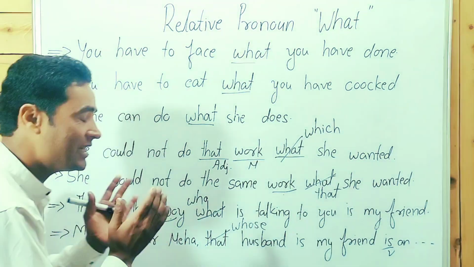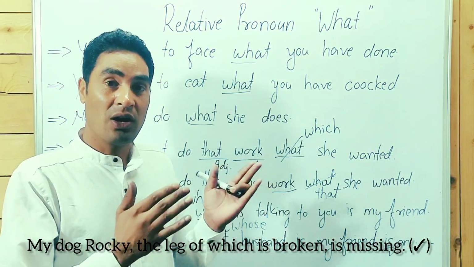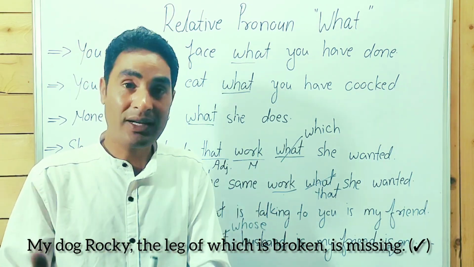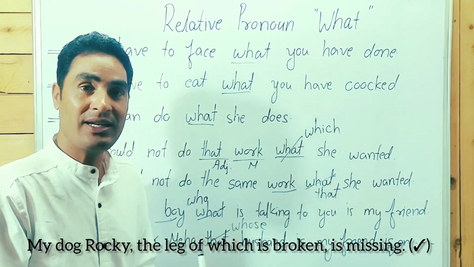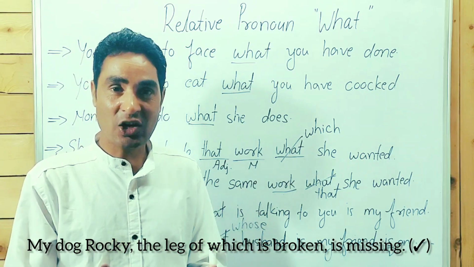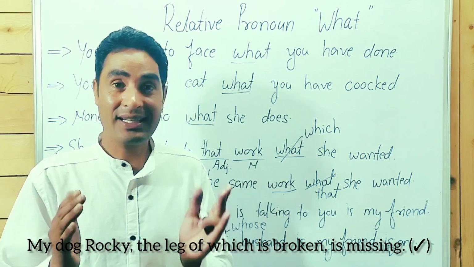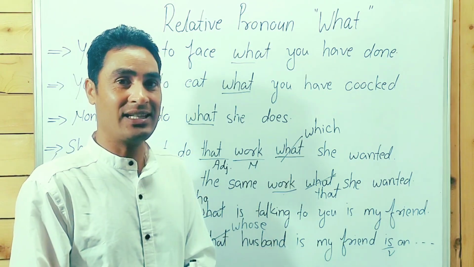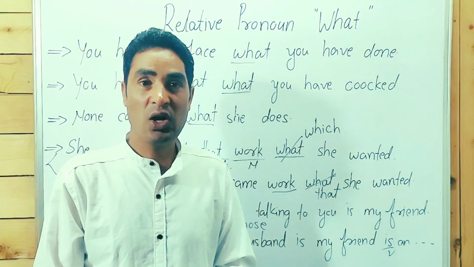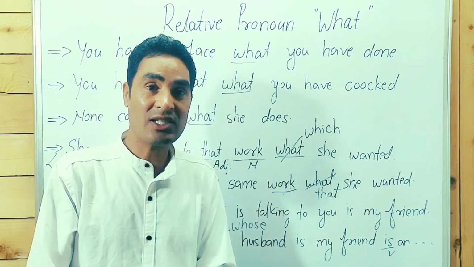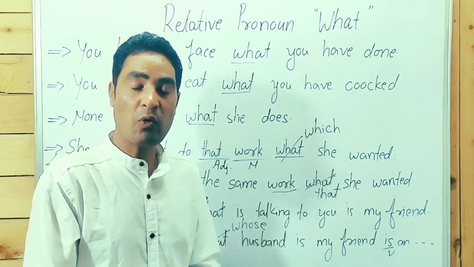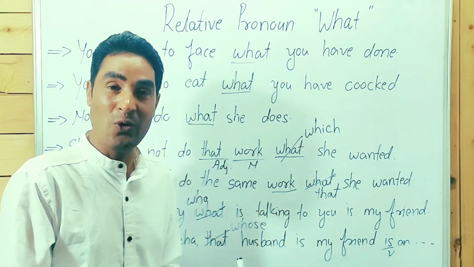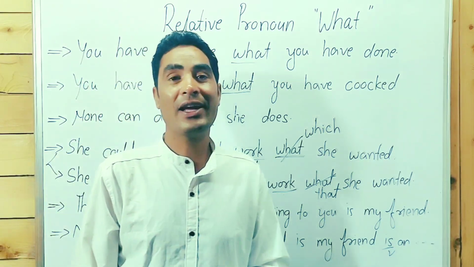What you have to say is: my dog Rocky, the leg of which is broken, is missing. It's a correct sentence. With animals we use which: the plus noun plus of which, the leg of which, etc. Not who, not whose. I hope you understood.